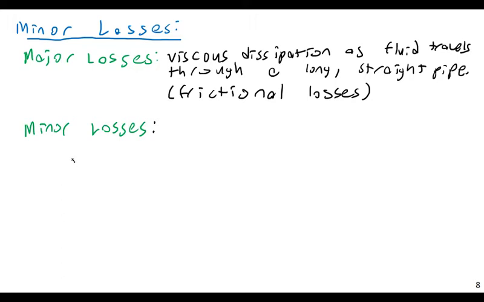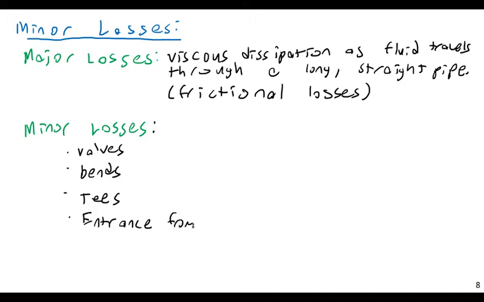These are losses from things like valves, bends, tees, entrance to pipe from tank, or it could be the exit from pipe into tank.